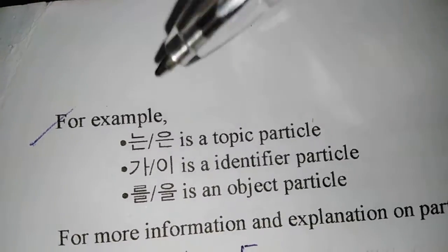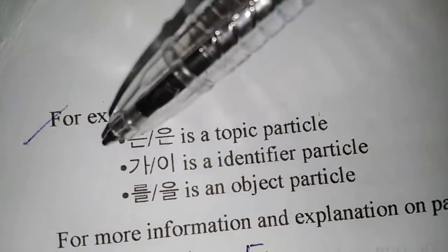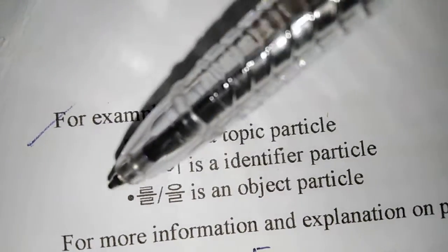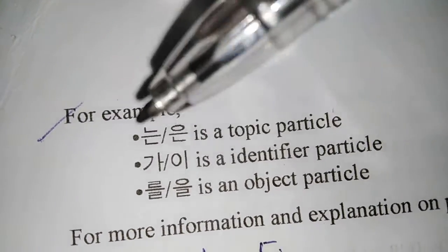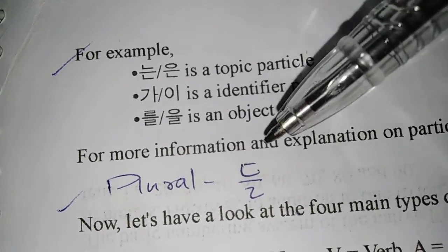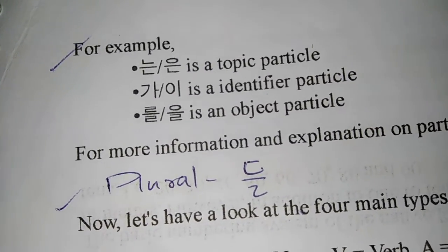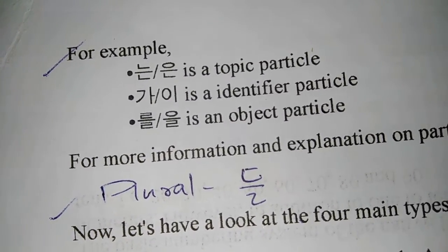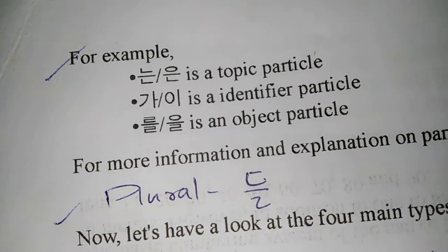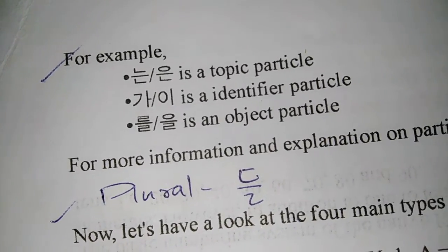Topic particles are 는, 은. Identifier particles are ga, i. Object particles are r, 을. Then we also have the plural particle called dhr. And our last particle is the time and place particle, a and eso. We'll also have lessons separately for all of this, so I'm not going into the details of that now.